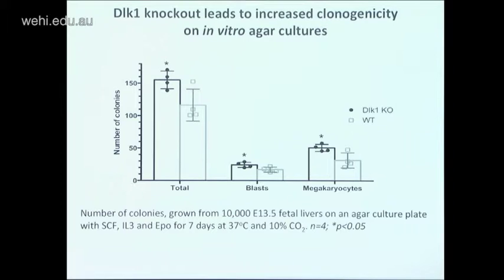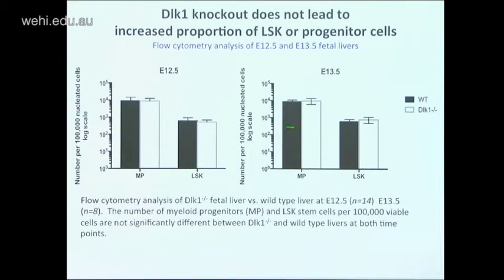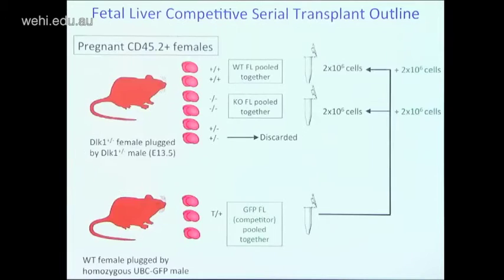And as shown in previous publications, the Dlk1 knockout fetal livers appear to lead to a higher number of colonies than the wild type in terms of total number of colonies, blasts, and megakaryocytes. But when you look at the flow cytometry data, actually looking at the numbers of LSK or progenitor cells per 100,000 cells, there is no difference between the wild type and the Dlk1 knockout.